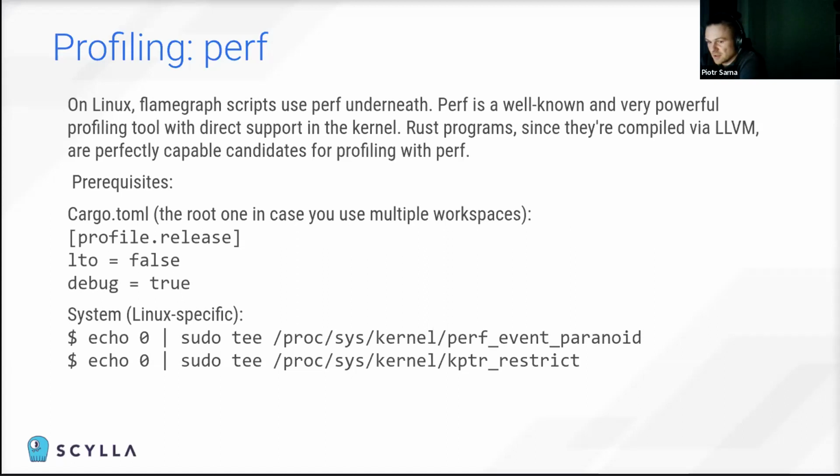A few hints first. If you run perf but you keep seeing unknown symbols or errors, there are a few things you can try. First of all, remember that debug symbols are normally not included in the binaries that you compile for release mode. These binaries are instead stripped in order to make the final binary smaller. So set debug equals true in your cargo profile in order to keep the symbols.